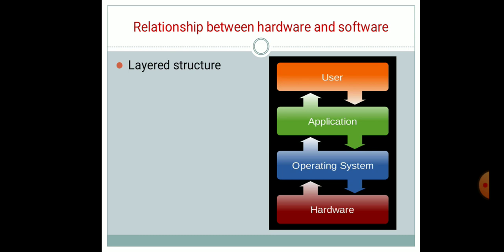In the same way, if we want any output from the computer, the hardware or the memory system gives it to the operating system, it gives it to the application software, and it produces the result to the user. So this is the relationship between hardware and software. A computer cannot work otherwise; both the hardware and software go hand in hand to work with the computer.